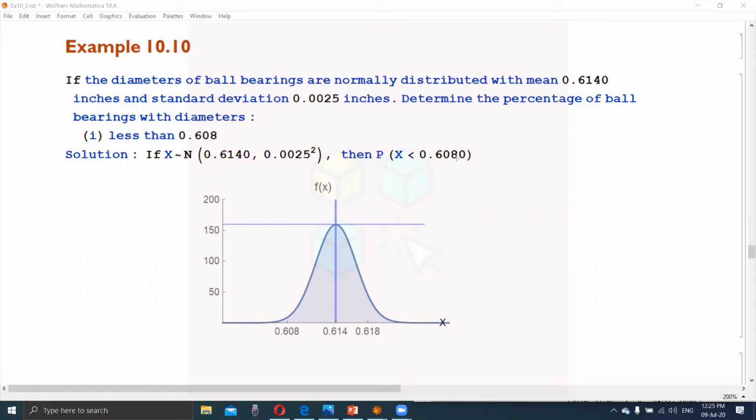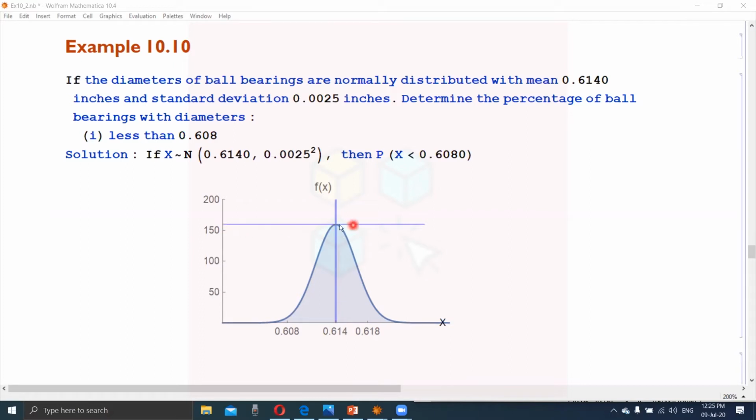0.6080. Actually, whenever we are measuring X less than 0.6080, it means this point 0.6080 must not be included in the probability. The probability is up to 0.6080, but the point itself should not be included.